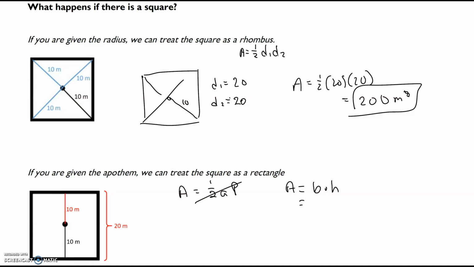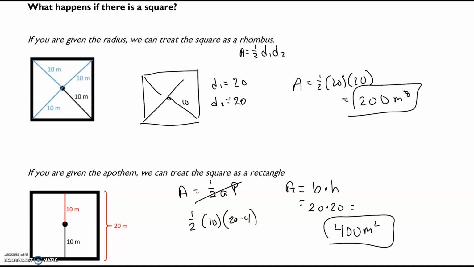The side length is 20, the height is also 20, and we can get 400 very quickly instead of having to do 1/2 times the apothem, which is 10, times the perimeter, which is 20 times 4. So when you see squares, there are easier ways to do it than using that regular area formula.